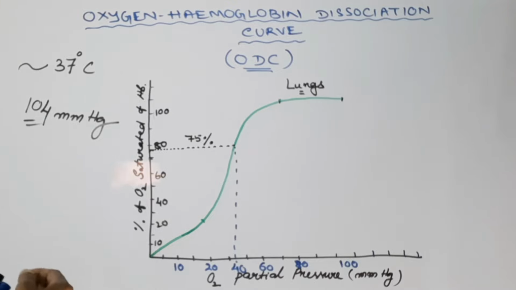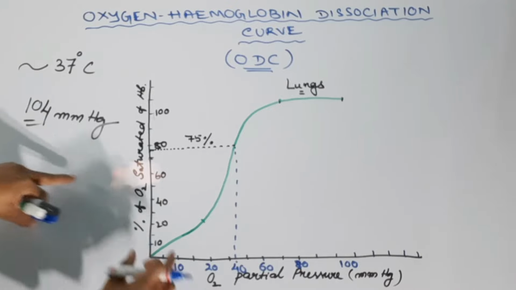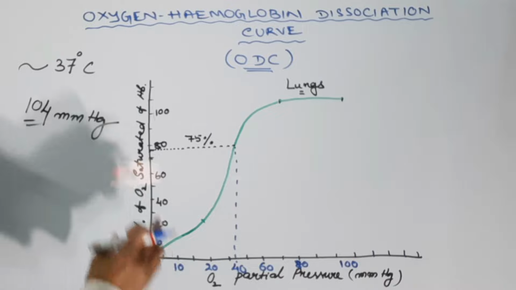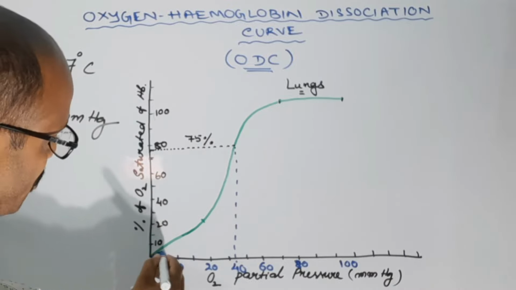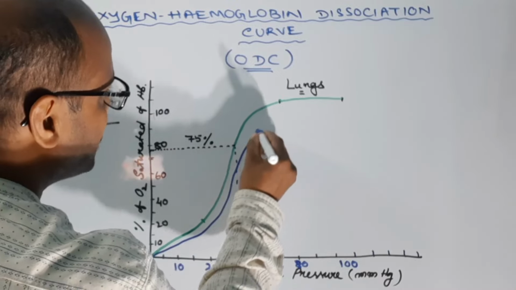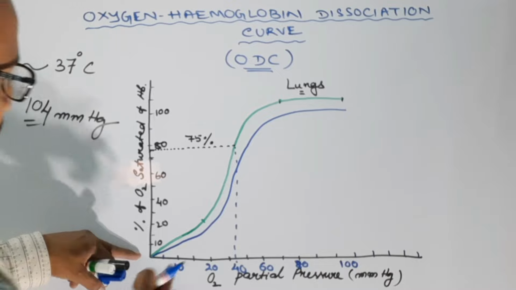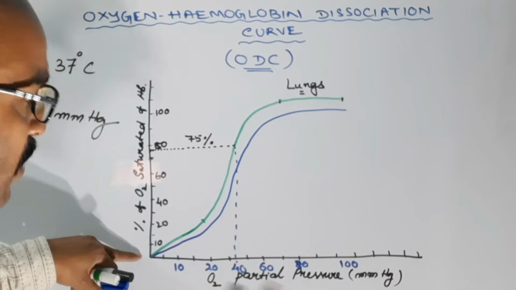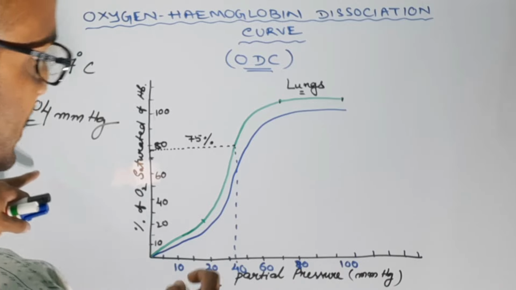If the affinity between oxygen and hemoglobin decreases, then the plot shifts to the right side. In which conditions does the affinity go down?